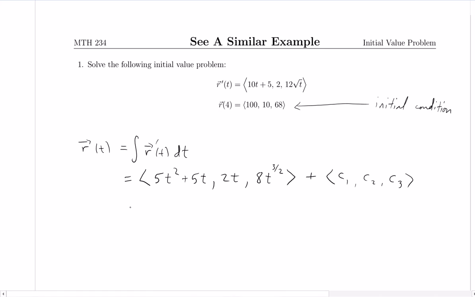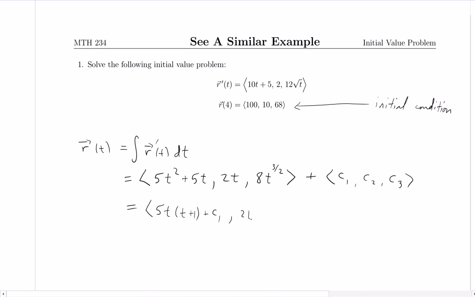Now maybe let's rewrite this a little bit. We can factor the first part, make it look a little cleaner maybe. Factor out 5t, write it as 5t times t plus 1. And maybe let's put it all together, put plus c1.